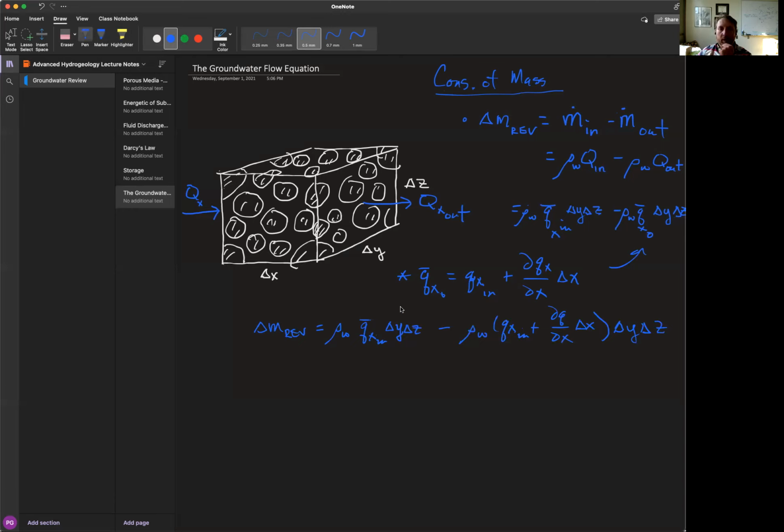All right, so now I can do some algebra here, and I can easily simplify and say that the delta M REV is equal to rho water, negative rho water, dq dx, delta x, delta y, delta z.